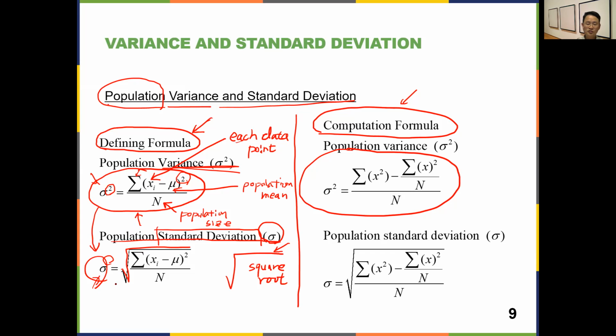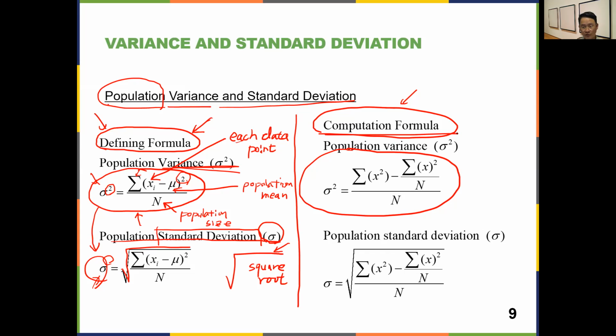Let me repeat that again. Find the variance value first. Take the square root of that result, and the square root of that variance is going to be the standard deviation value. Right? So that's the defining formula.